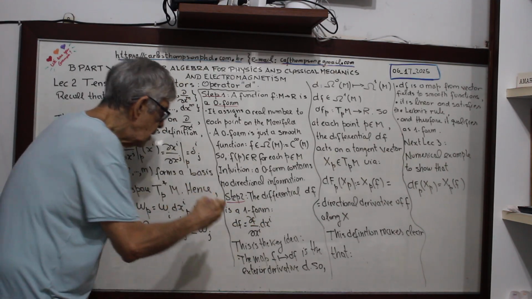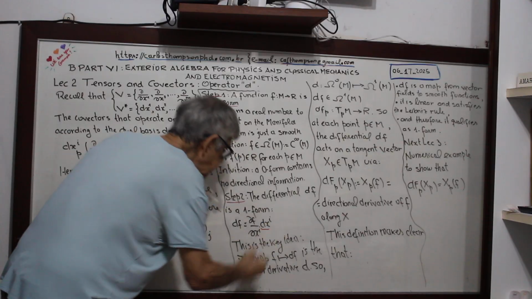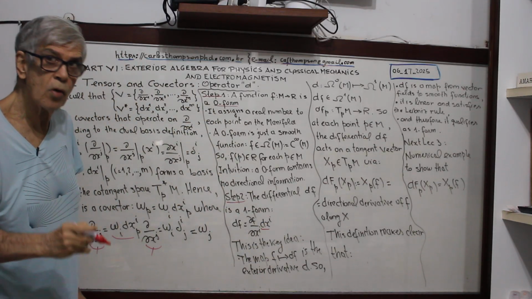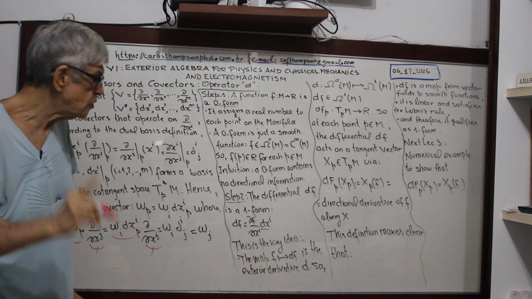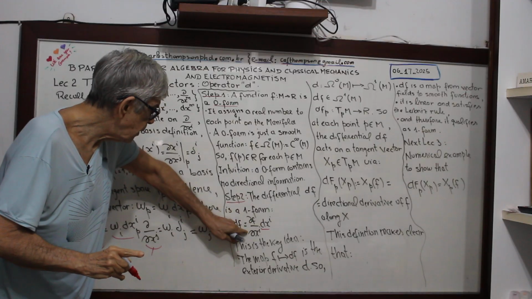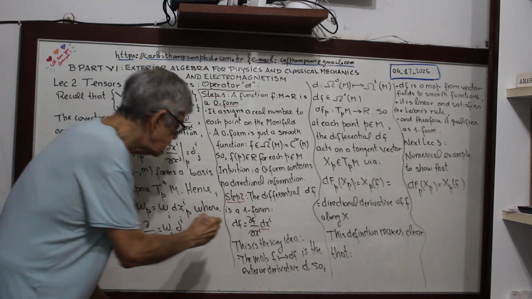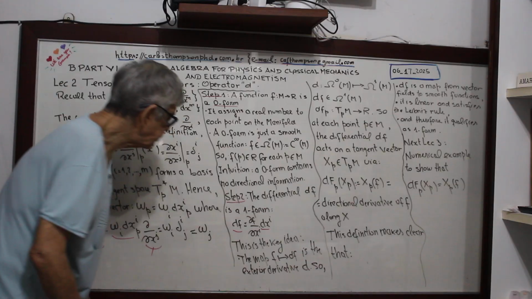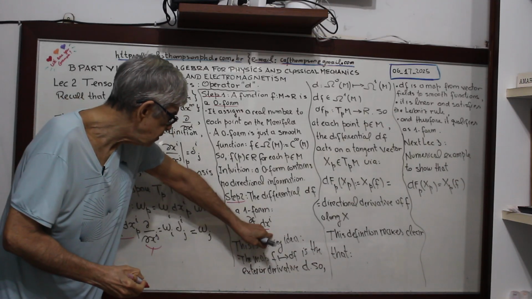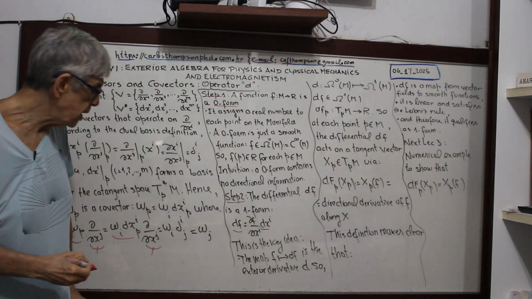You see, this here is the basis, okay? The basis that belongs to the cotangent space. Don't forget that. So these are scalar numbers, and this is a vector that belongs to the cotangent space.